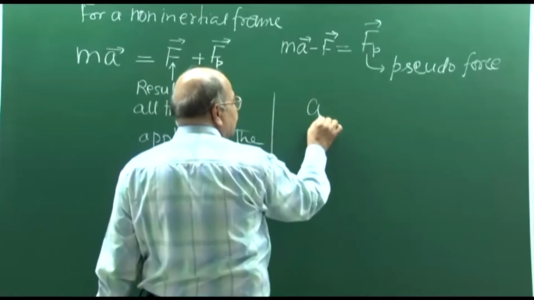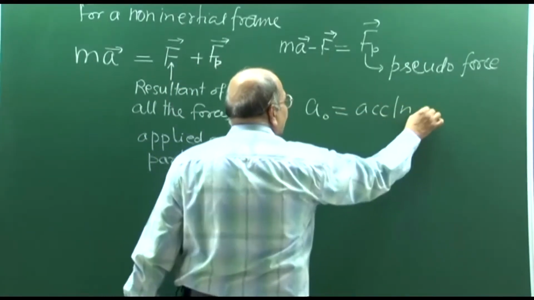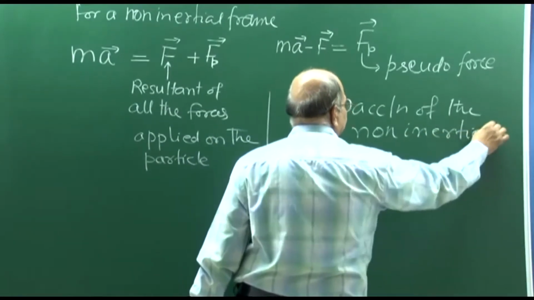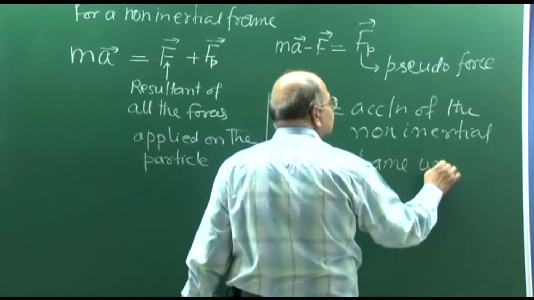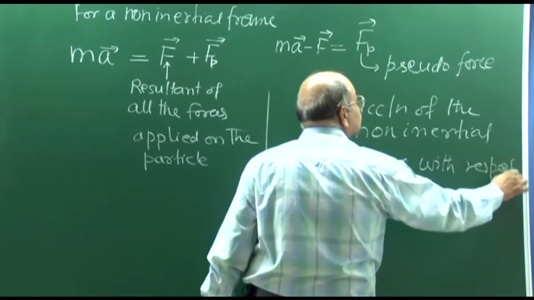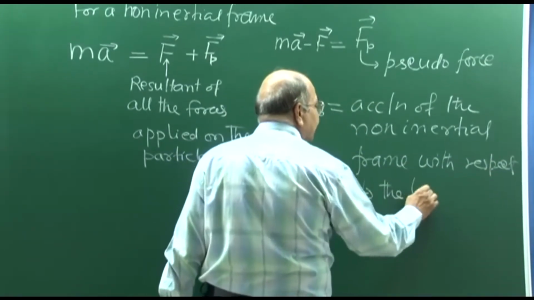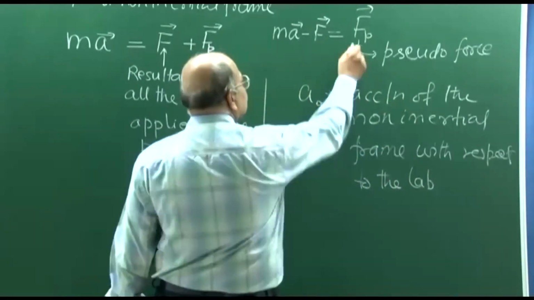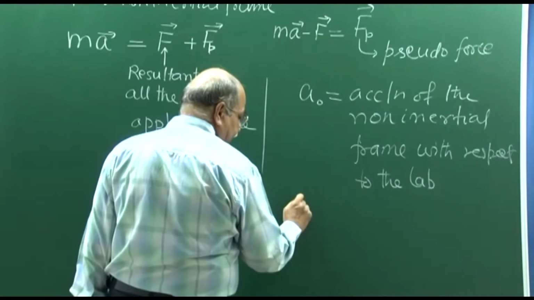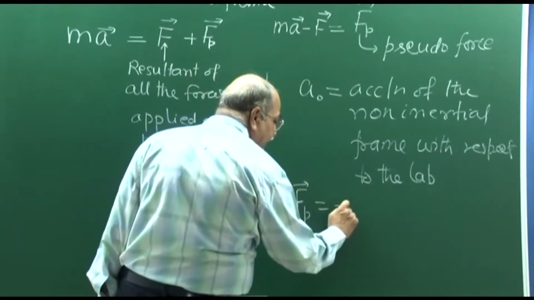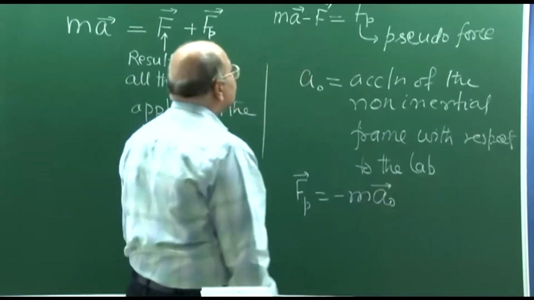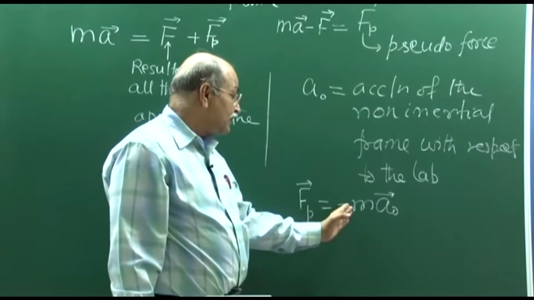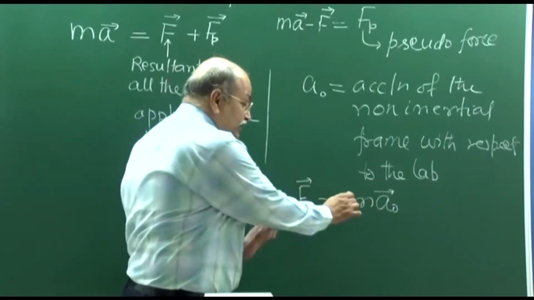So, if I say that a naught is the acceleration of the non-inertial frame with respect to the lab or table or room, the assumed inertial frame, then the pseudo force on the particle will be minus m into a naught, because the acceleration of the particle from the box is minus a naught, and so the pseudo force will be minus m a naught. Look at the structure.